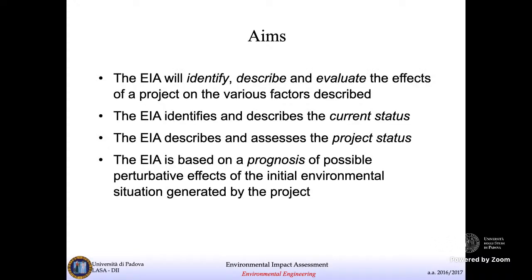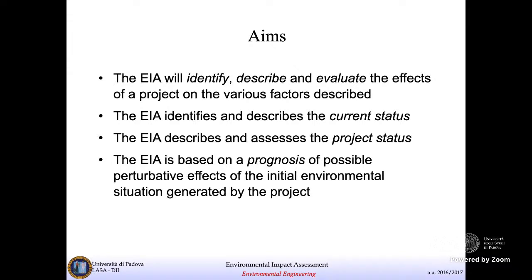So what are the aims of this procedure? The environmental impact assessment procedure shall identify, describe, and evaluate the effects of a project on the various factors described, in particular the environmental components, as we have already introduced, which is our way of describing the environment. It identifies and describes the current status, so we start by evaluating the status de facto.